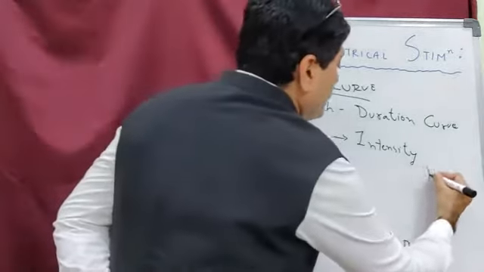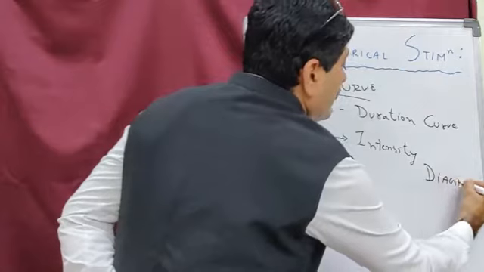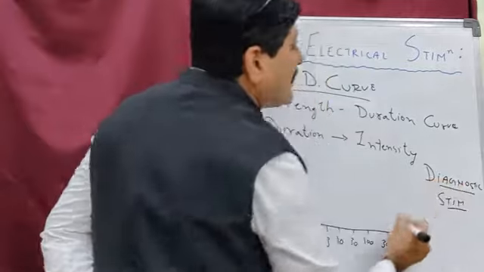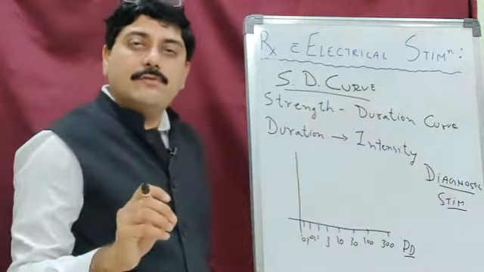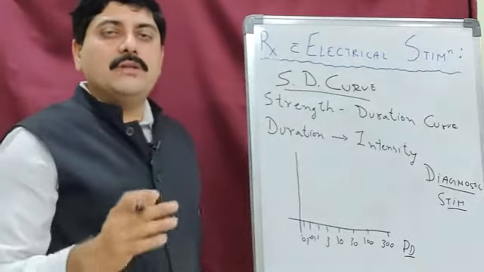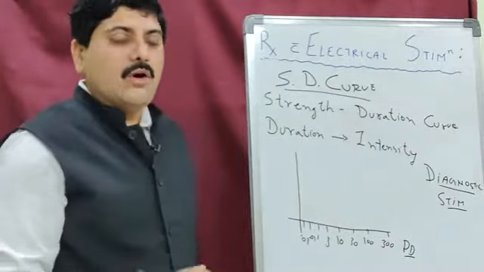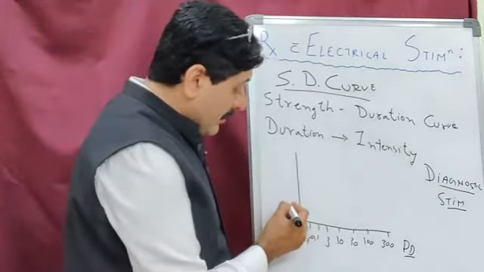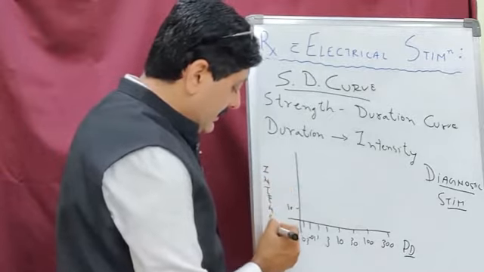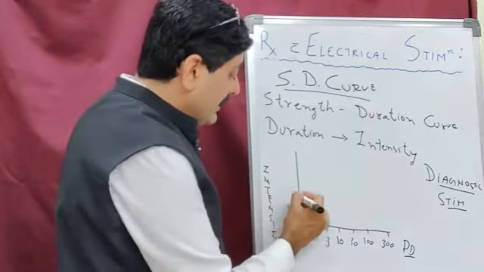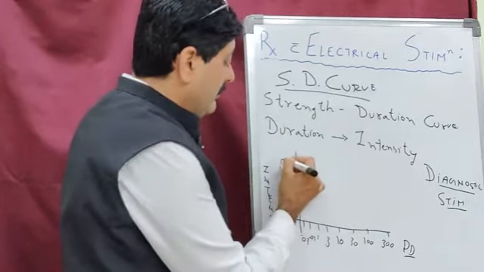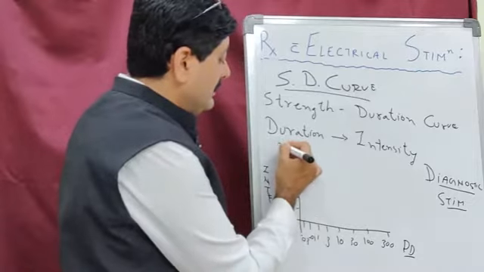We call it a diagnostic stimulator, right? Diagnostic stimulators often have these pulse durations in intermittent galvanic so that you can record the amount of current flow that is present. Now here is the intensity, right? So 10, 20, 30, 40, 50, 60, 70.